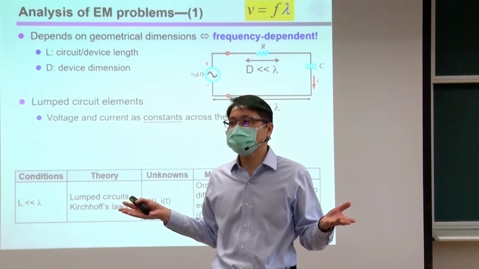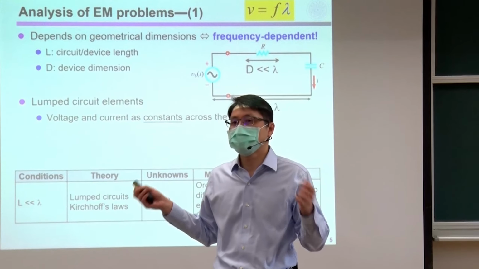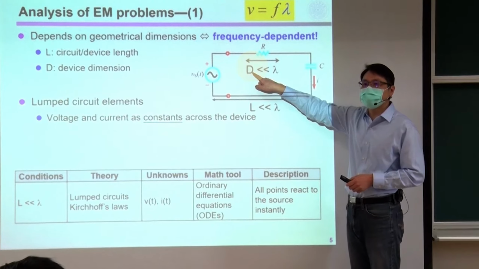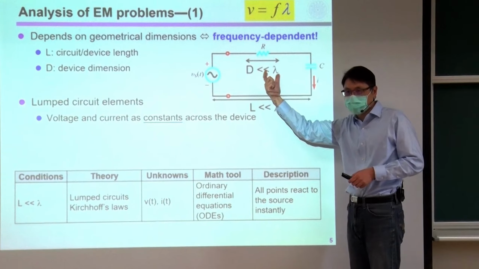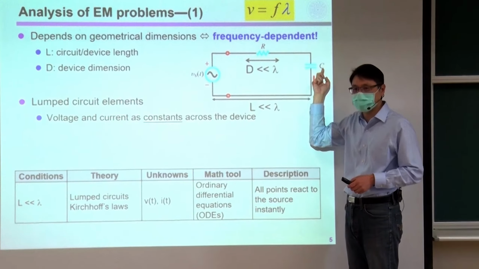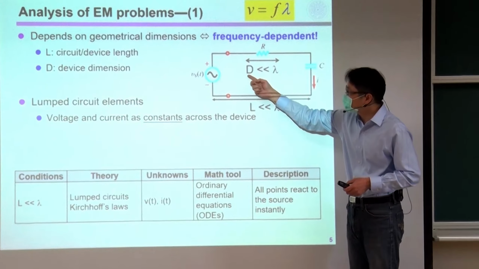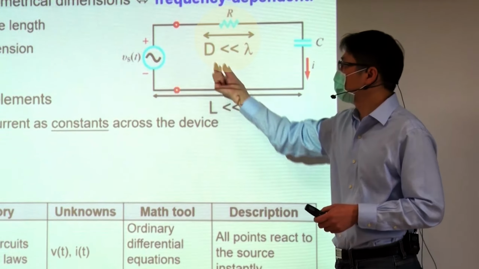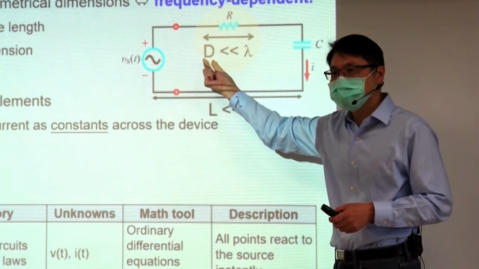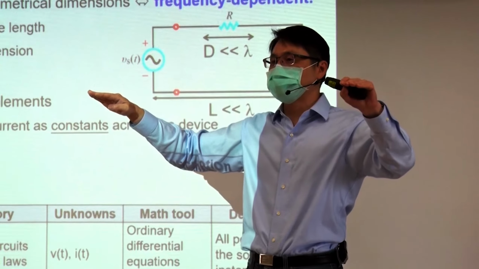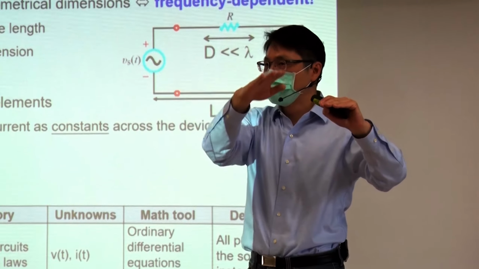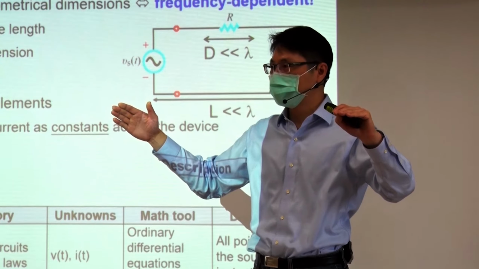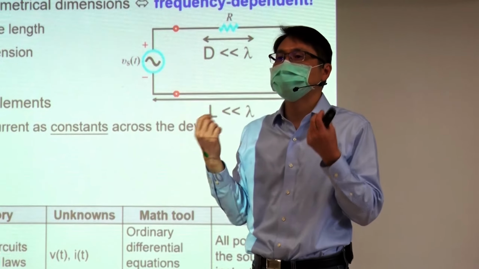And students don't understand what that means. That means your device dimension, the length of your device, resistors, capacitors, inductors, as compared to the operational wavelength, are extremely small, so that across the entire device, voltage and current can be viewed as a constant.